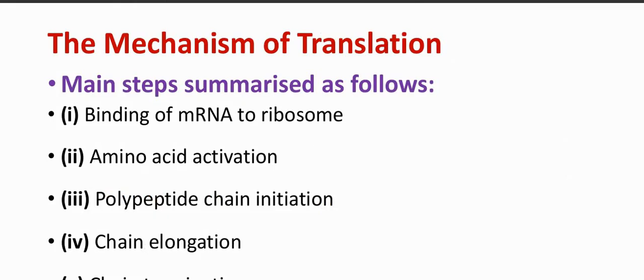So the whole process is going to happen in the following manner. We have this mechanism that summarizes the whole translation mechanism. So we have the binding of messenger RNA to the ribosome. This happens already from the ribosome in the cytoplasm. It's going to have a small ribosome unit which binds to the messenger RNA near the 5' cap.